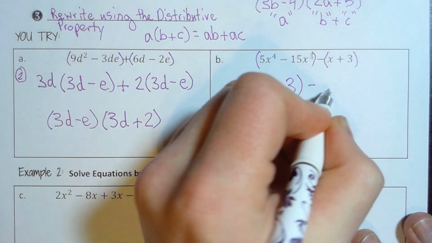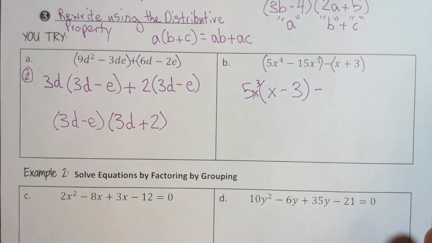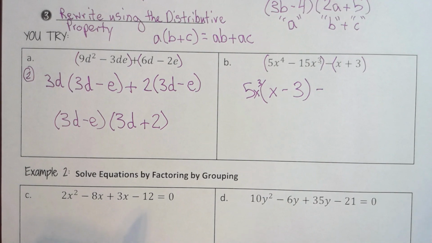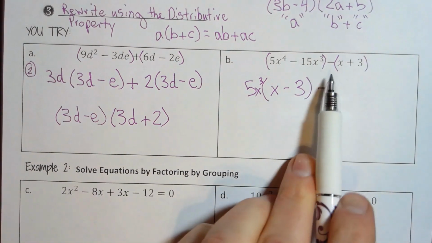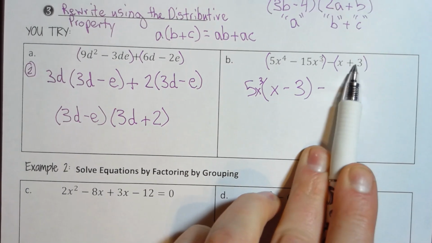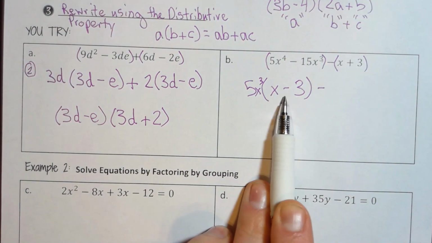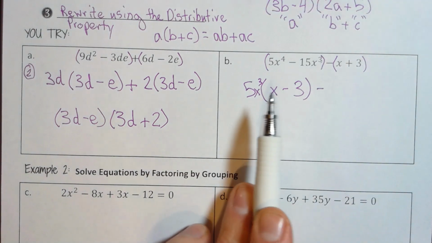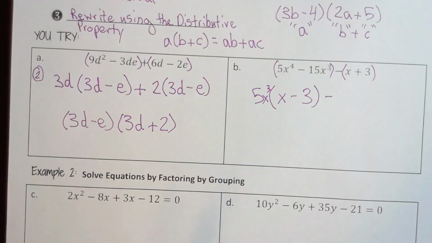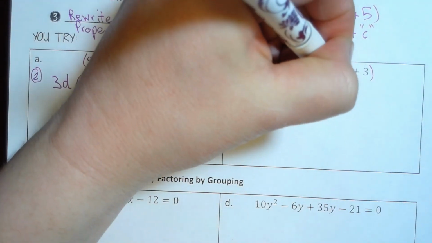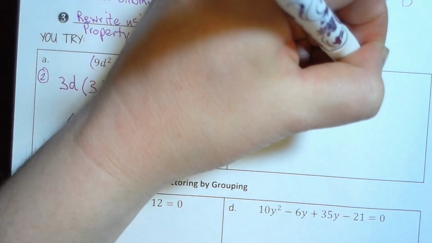Minus, oh my goodness. Well, you know, this is kind of difficult, but I want this to look like this, right? I want this to look like this. Okay, so in order to do that, I am going to actually distribute up here.